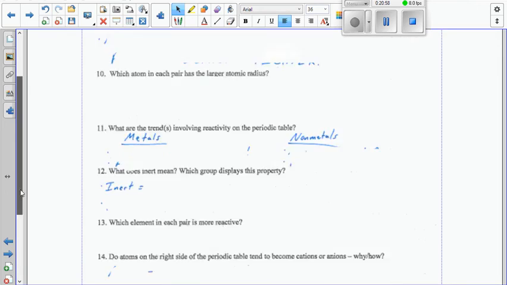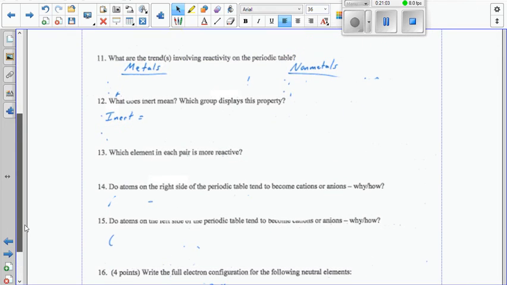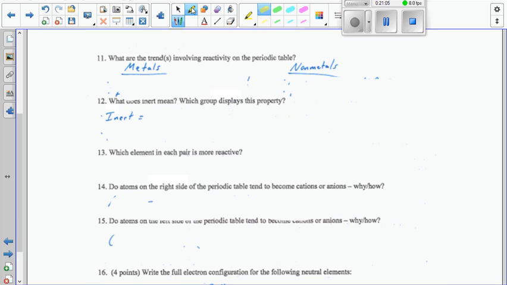Where is that one? Number 13. I definitely recommend doing number 13. Again, this isn't the most important question on the review sheet, but it's probably the most missed. It's asking you to compare which of those 2 atoms is more reactive, and that's because reactivity is probably the most difficult trend for people.